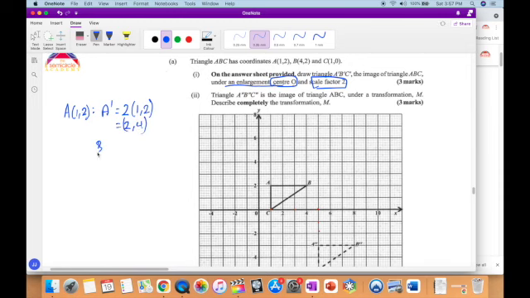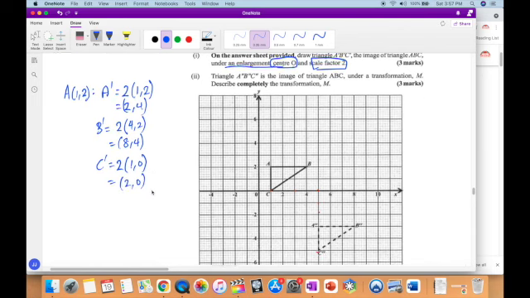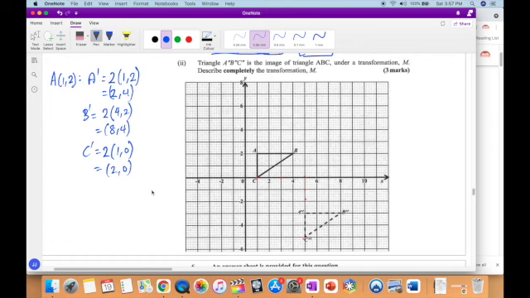B prime is 2 multiplied by the point B, which is 4, 2. So that is 4, 2 2s are 8, 4. C prime is just 2 multiplied by 1, 0, which is 2, 0. Yeah, so you just multiply the scale factor by your points.